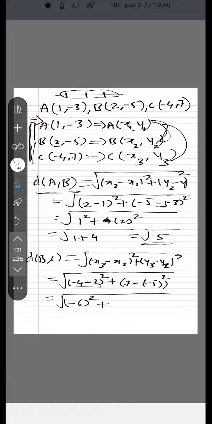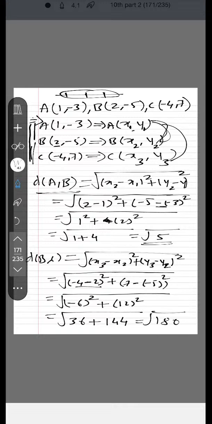So which is equal to the square root of minus minus plus, so minus 6 square plus 7 minus of minus 5, so minus minus plus 12 square, which is equal to, here you can see 36, and this is 144. Okay, so which is equal to the square root of 180.